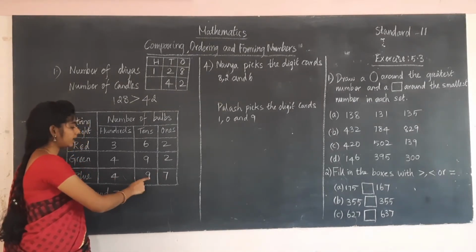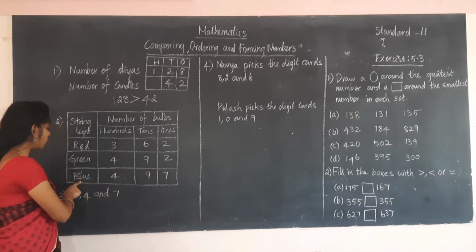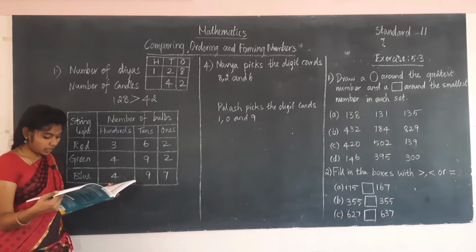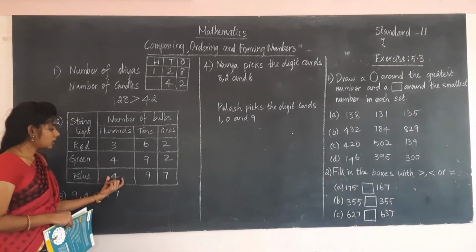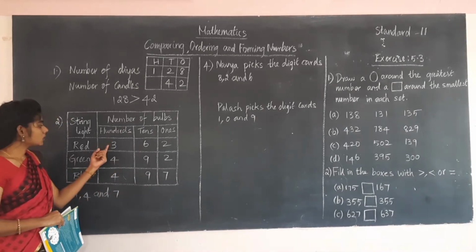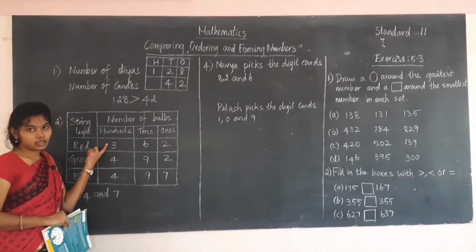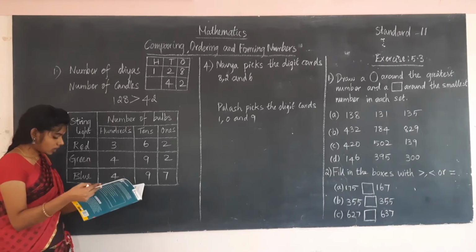So 497 is the greatest number. The blue string has the most number of bulbs, so you have to write like that. Most number is 497. And which one is the least? We know the others are greater, so 300 is the least one. So this is the string with the least number of bulbs.